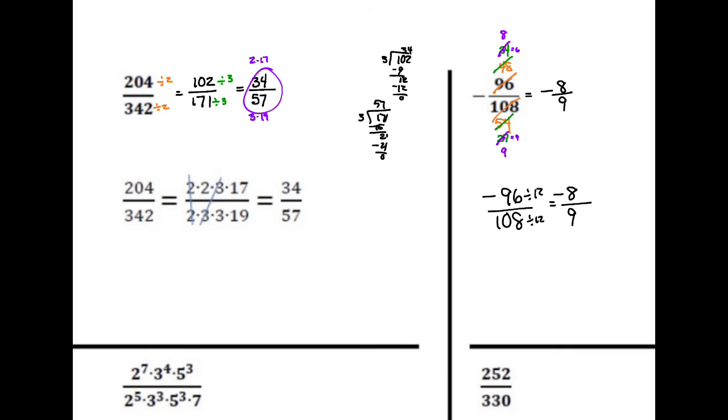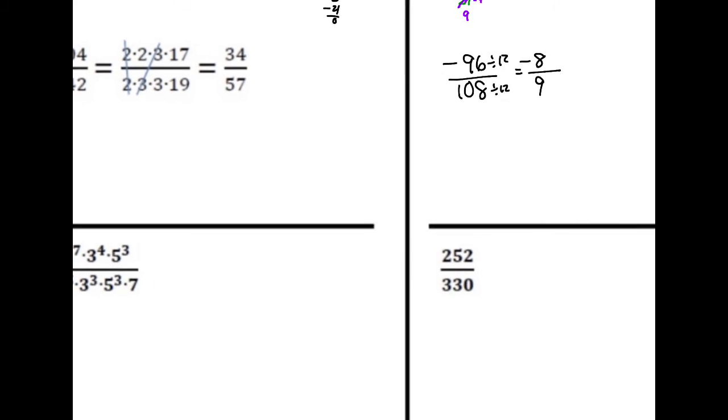Now I'm going to save the exponent one until last. Let's do this one. Since I don't have room to go vertically, I'm going to go sideways on this one. So let's divide them by 2, because we know they're even, right? So 252 divided by 2.